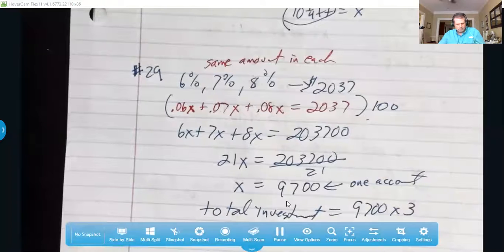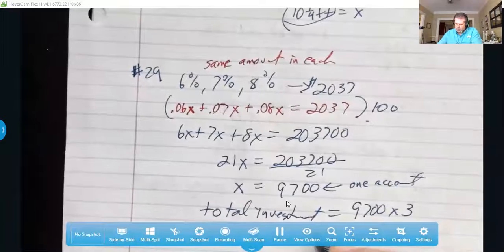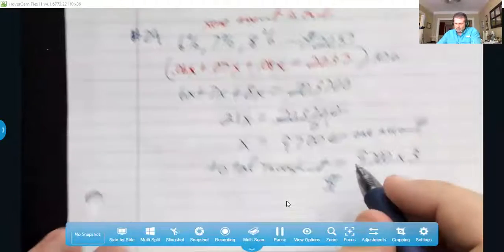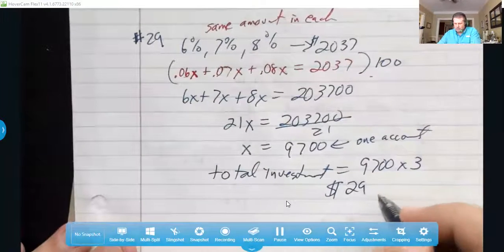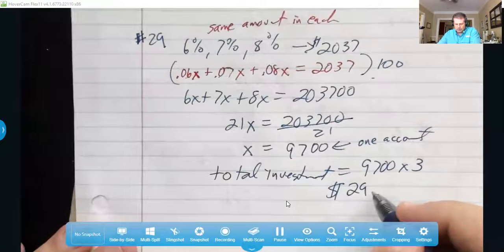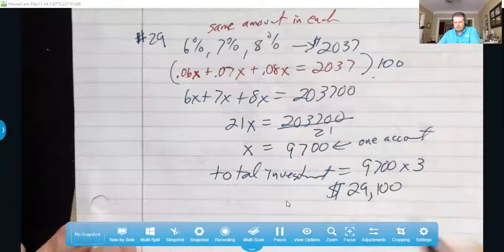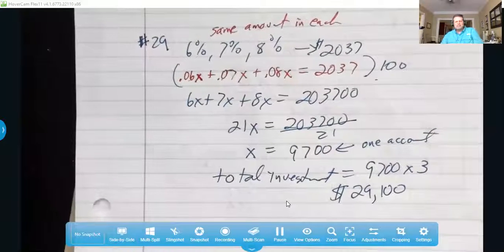So the total investment was $29,100. And they put 9,700 in each account, and they gained at the end of the year $2,037. Okay.